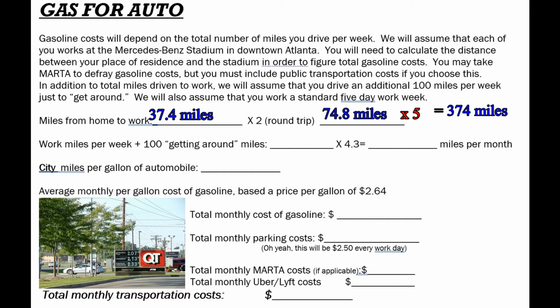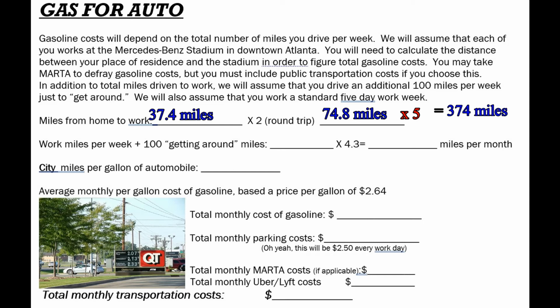But realistically, we do other things. We go to the grocery store. We go over somebody's house. We got to take the kids to daycare. We got to go take them to play basketball. We just have to go, right? We got to go shopping. We got to go different places.